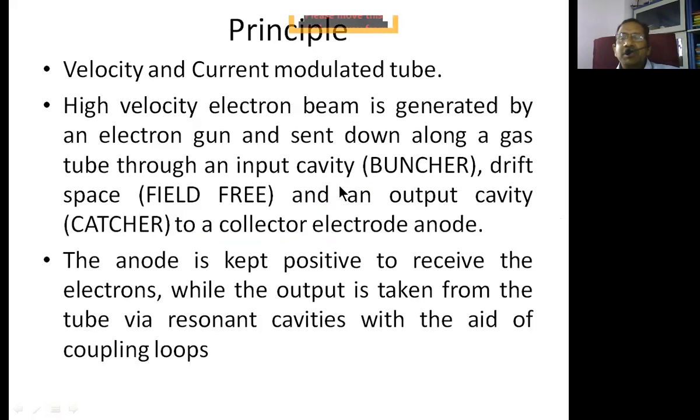So the principle of operation basically depends on the velocity modulation and the current modulation, and hence the tube is going to be a velocity and current modulated tube. Here the high velocity electron beam, which is because of the DC voltage, is generated by an electron gun and sent down along the glass tube through the input cavity known as the buncher cavity, and the drift space intermediate to the buncher cavity and the catcher cavity, and an output cavity to a collector electrode, the anode. So finally it will be reaching the output cavity.